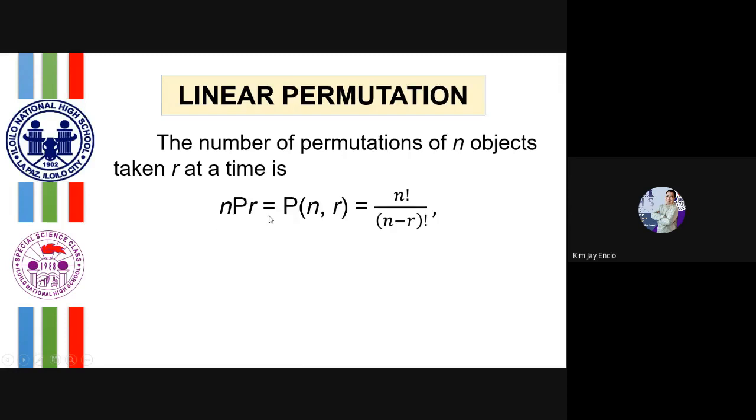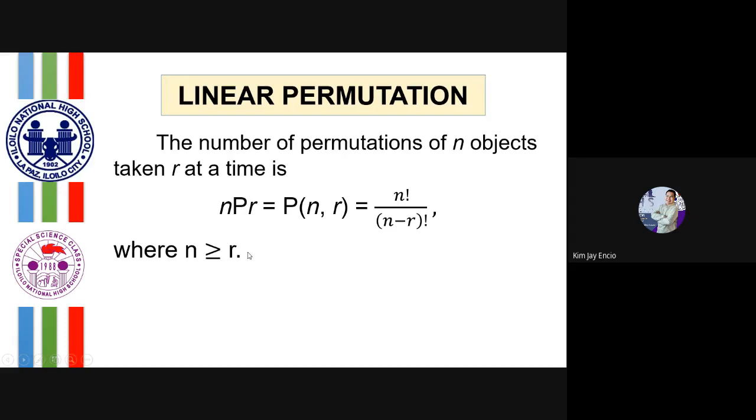Some books use the notation P(n, r), which is equal to n factorial over (n minus r) factorial, where your n, or your number of objects, has to be greater than or equal to the number which you are going to take out of your n.